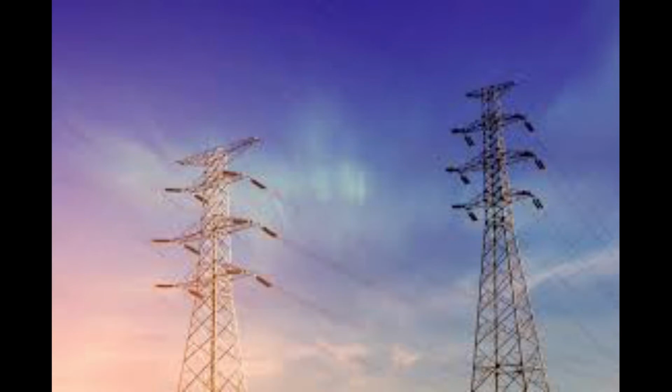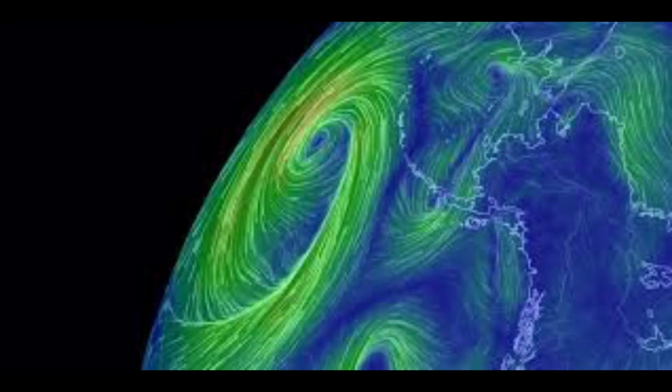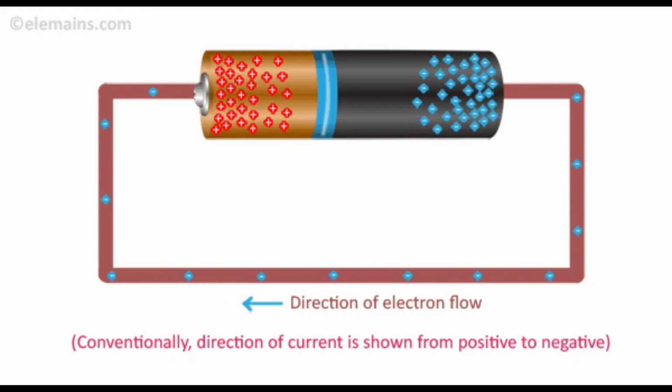We are familiar with air current and water current. We know that flowing water constitutes water current, flowing air constitutes air current. Similarly, if the electric charge flows through a conductor, we say that there is an electric current in the conductor.